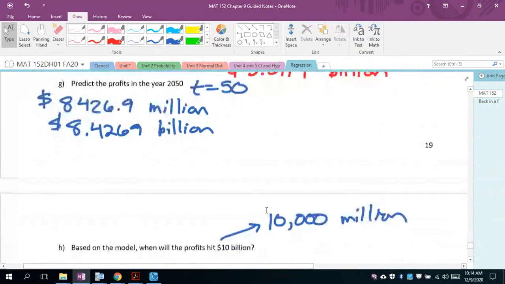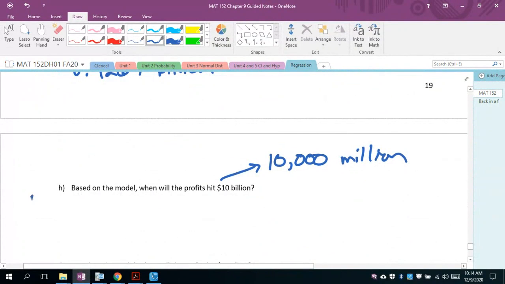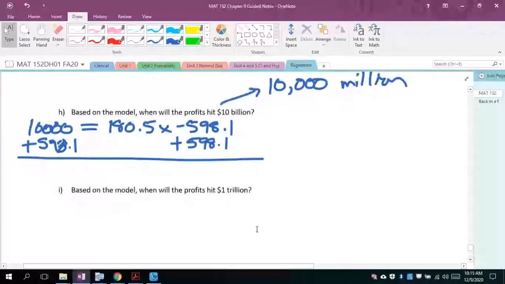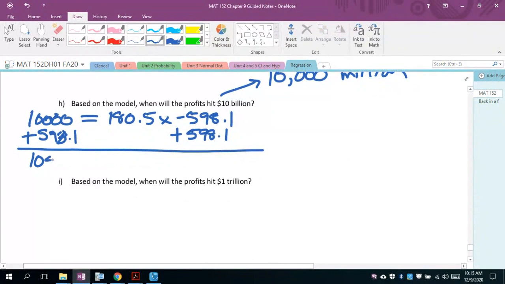So we set the equation 10,000 equal to 180.5x minus 598.1. So we add 598.1. So 10,598.1 equals 180.5x.